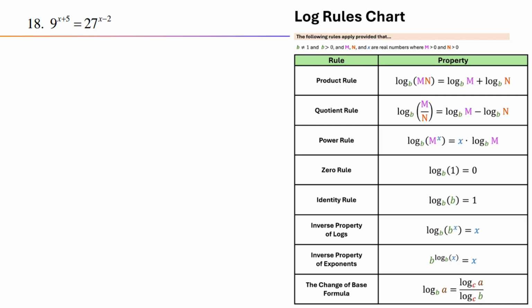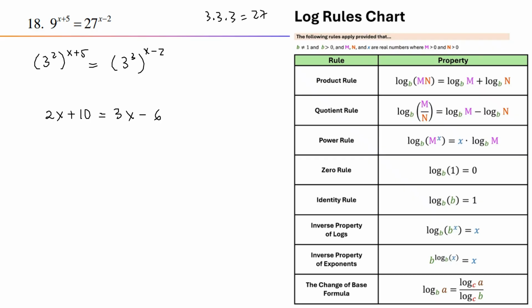So number 18, you see 9 and 27, thinking about 3. So 3 squared, x plus 5, then 3 cubed, because 3 times 3 is 9, times 3, 27. Okay, that x minus 2. Now only focus on the exponent. 2x plus 10 equal 3x minus 6.